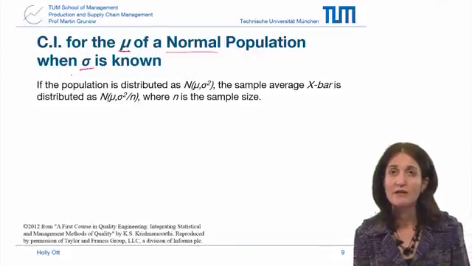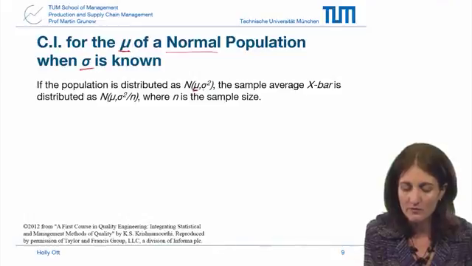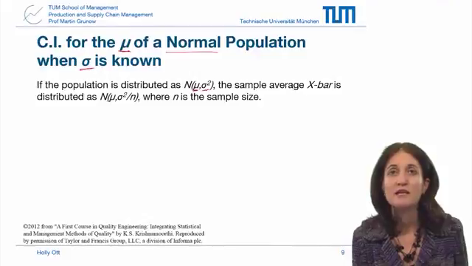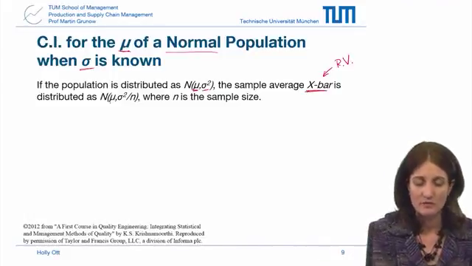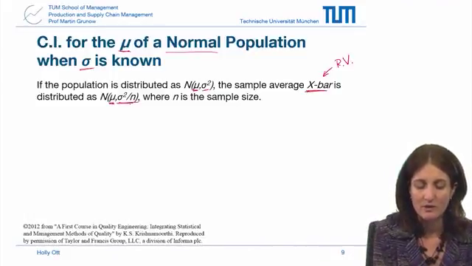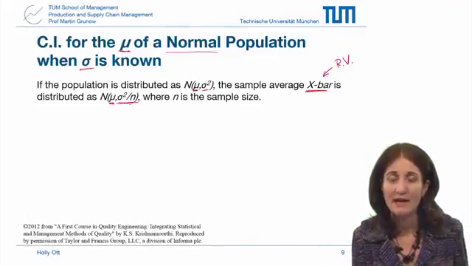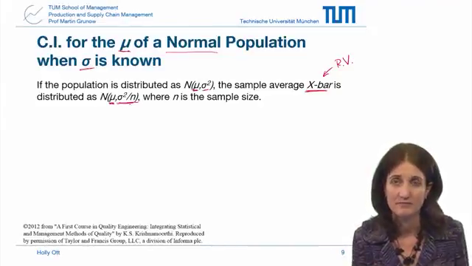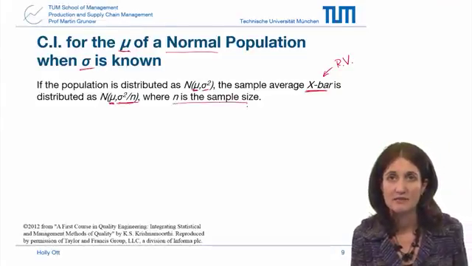So if we have a population which is normally distributed with a mean mu and a variance sigma squared, then the sample average x bar, which is also a random variable, is distributed with the same mean mu, but with a variance of sigma squared divided by n. And we learned that in the earlier sections when we talked about the central limit theorem. And don't forget here, of course, n is the sample size.